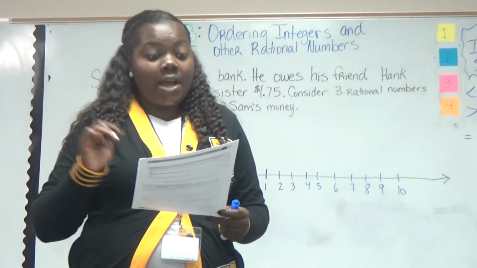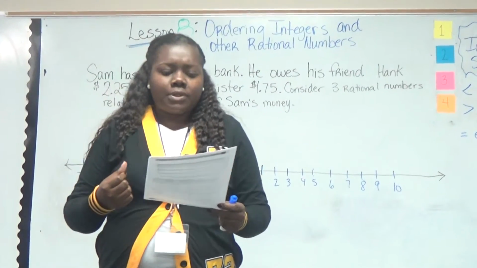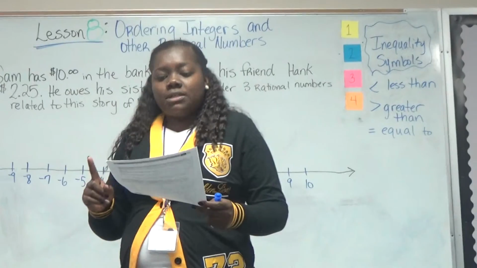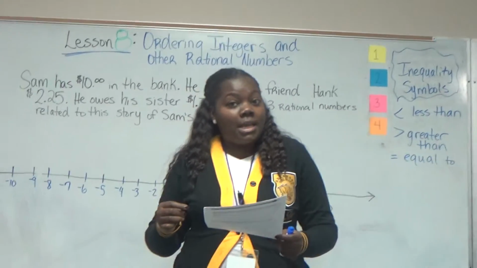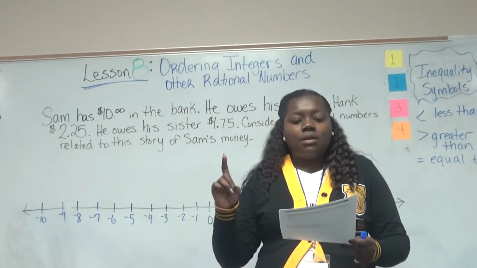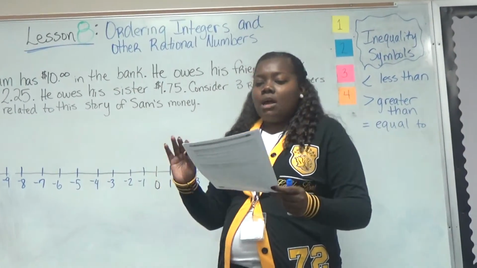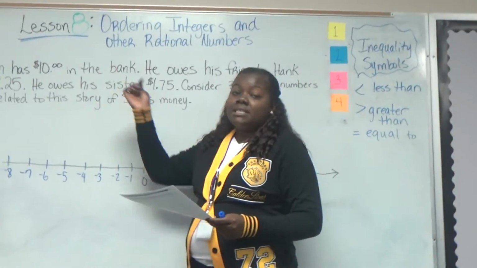Consider 3 rational numbers related to this story of Sam's money. Write and order them from least to greatest. The first thing they want us to do is to consider 3 rational numbers. A rational number again could be a decimal, a fraction, or a mixed number. Here we're going to write 3 rational numbers that represent this situation.